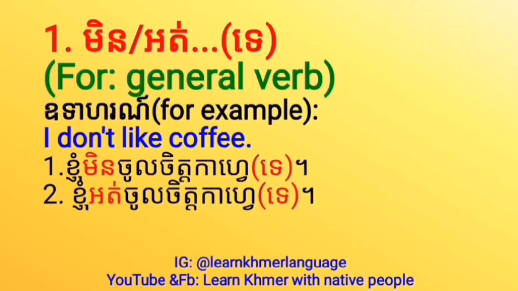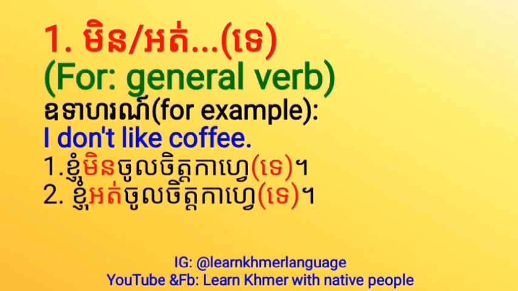We have 3 conditions. The first condition, for general verb, we use mình te or at te. Both ways are right. For example, you want to say I don't like coffee.